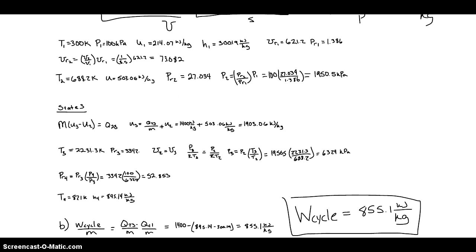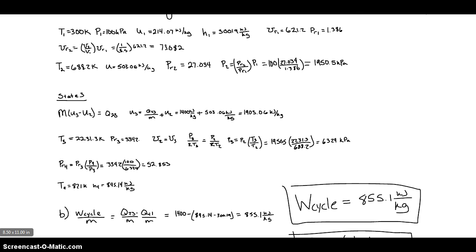Now state 3 is defined by the energy balance. In process 2 to 3 there's no work, there's only heat addition, and we have also neglected kinetic and potential energy. So you will be able to find the internal energy at state 3, this U3 right here, which is equal to the heat addition over the mass plus the internal energy at state 2.